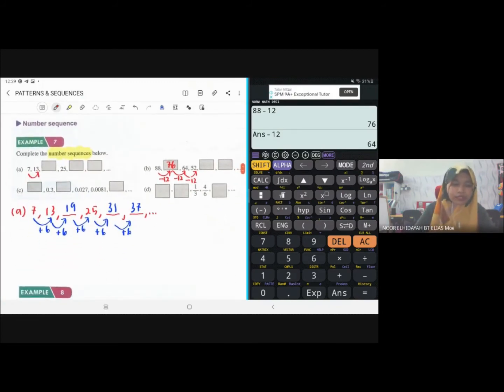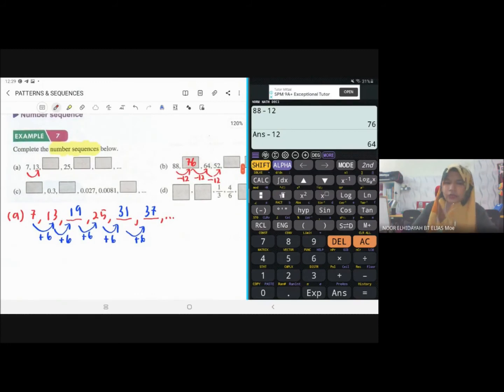C. Ini macam nampak susah sikitnya sebabnya dia ada decimal. Awak tengok, cuba kaji tengok macam mana daripada blank ni dapat 0.3, and then daripada 0.3 ni, tak ada number. Teruskan lagi. Daripada blank tu dapat 0.027.